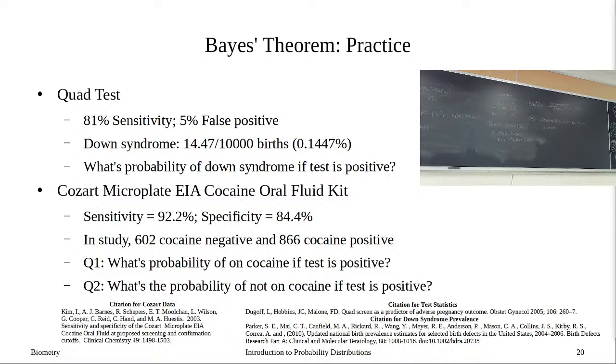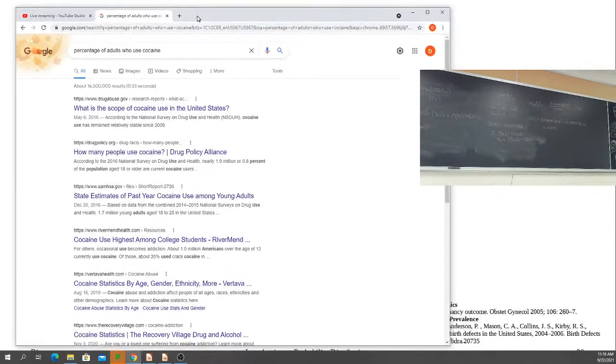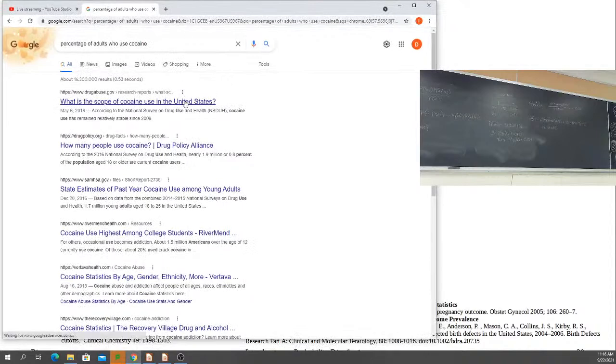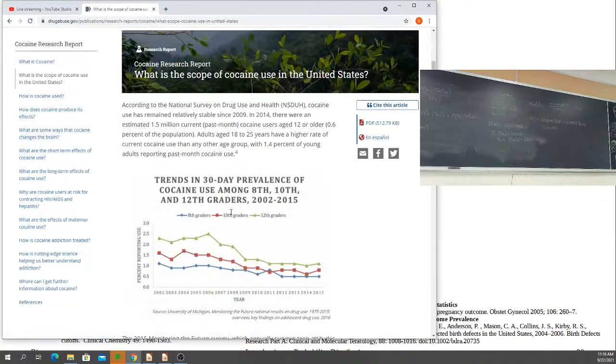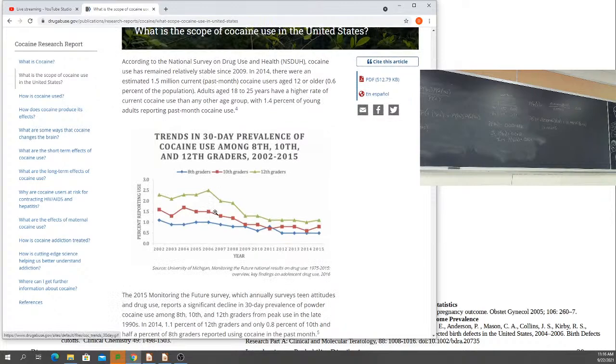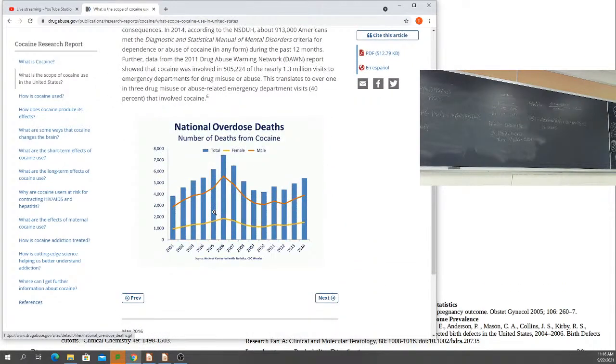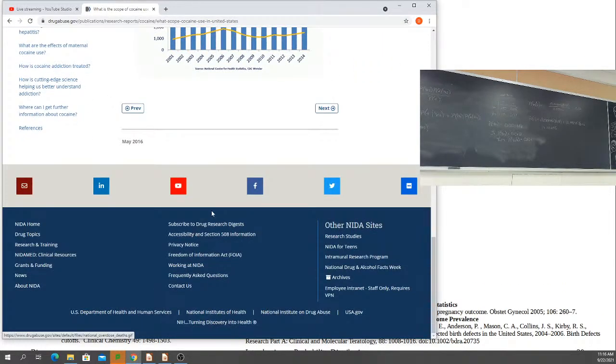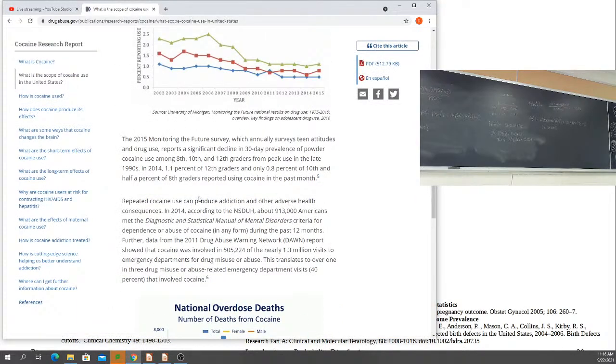Percentage of adults who use cocaine. Let's see what it looks like. What is the scope of cocaine use in the United States? I don't want high schoolers. Right? Now I want.